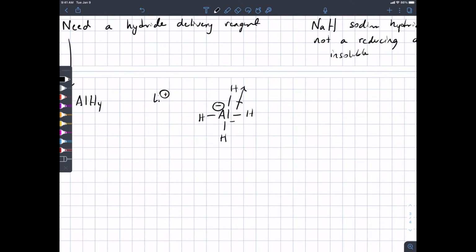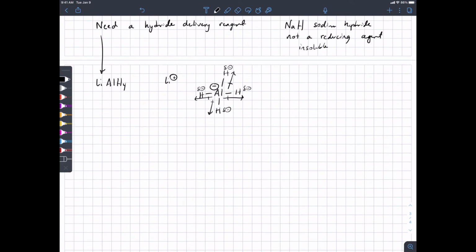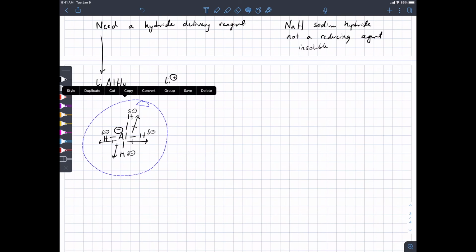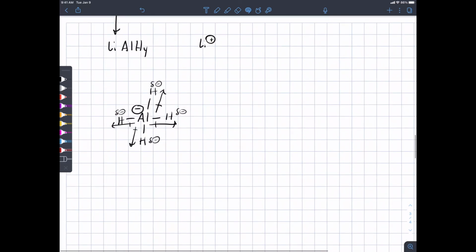So the negative formal charge on aluminum is actually more accurately depicted as partial negative charges on these hydrogens. All right, so we're going to see aluminum do what we saw boron do in the hydroboration reaction. It's going to deliver H minus to a reactive center.